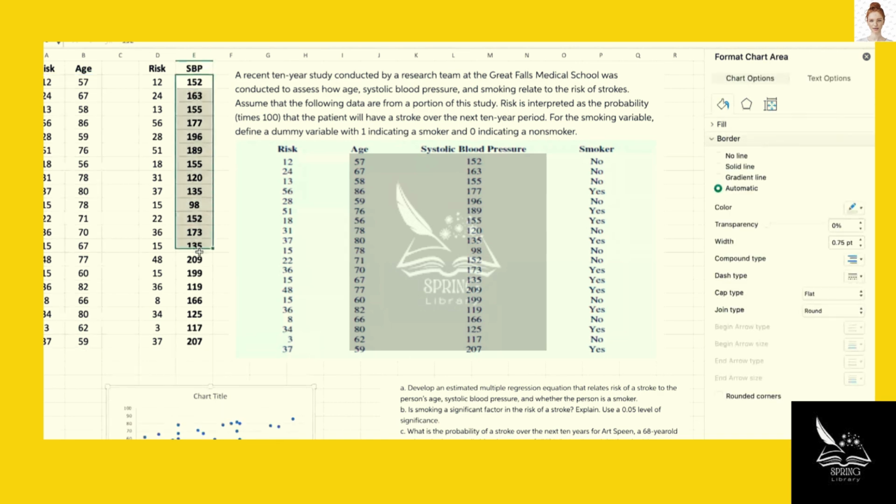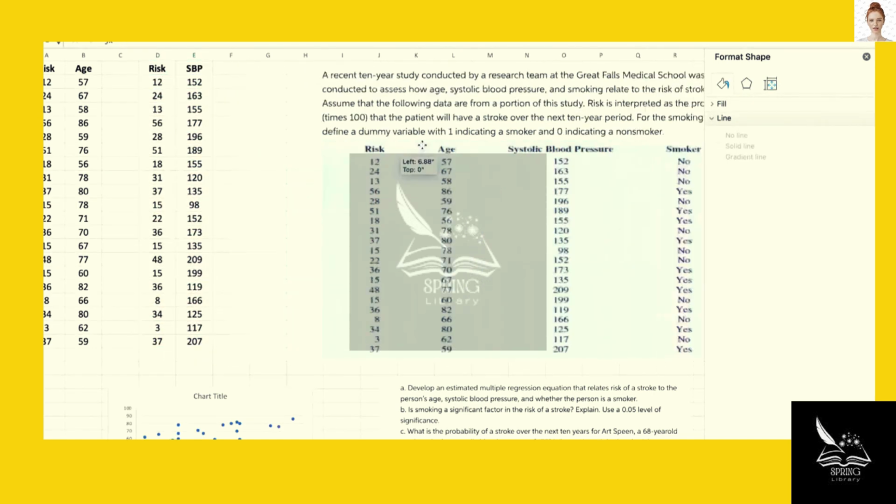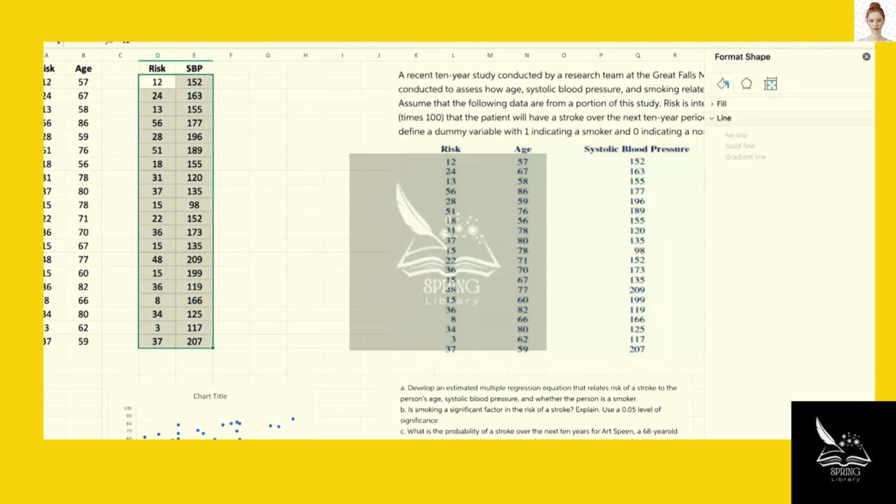All right, good. I did not mess up on this one. Good news. So now I'm going to see if the risk increases and so does the blood pressure. So I'm going to insert another scatter plot.